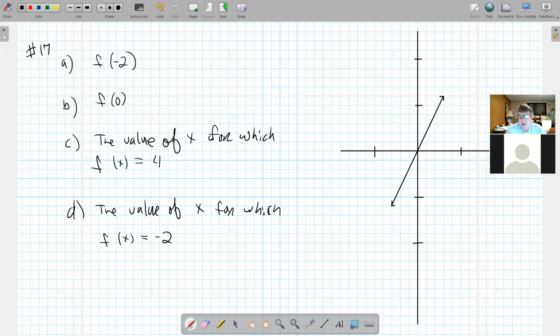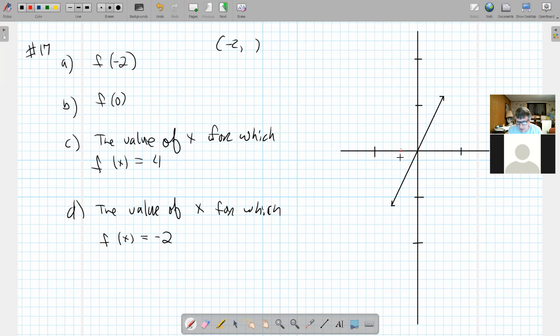So part A says f of negative 2. So what they're wanting us to do is find the corresponding y value or range value when x is negative 2. So it's like they're saying complete the following ordered pair. Given x is negative 2, find y. Looking at the graph, can you find a point that has an x value of negative 2?